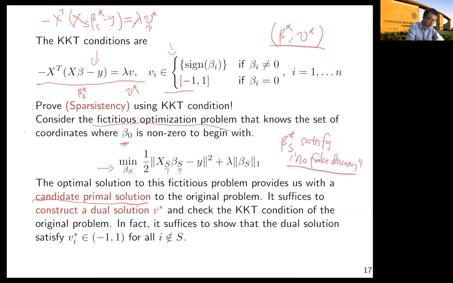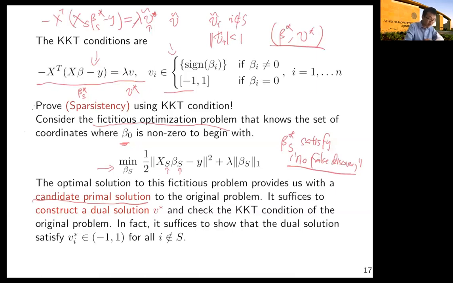This is a corresponding solution called V tilde that corresponds to the primal solution beta S star. It's not hard to check that this one is feasible. Now it suffices to check the V_i tilde for those i's that are not in S, and see whether the absolute value of V_i tilde is strictly smaller than 1.